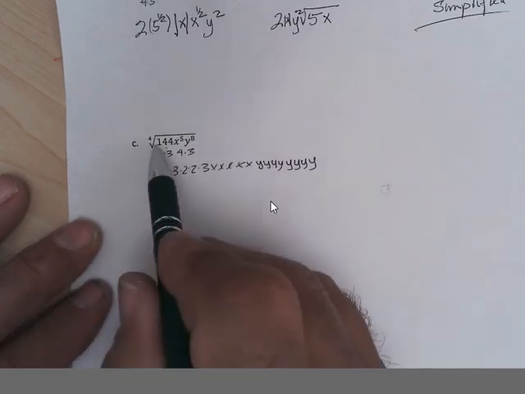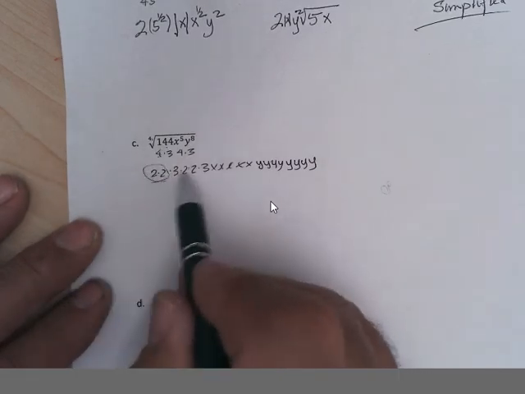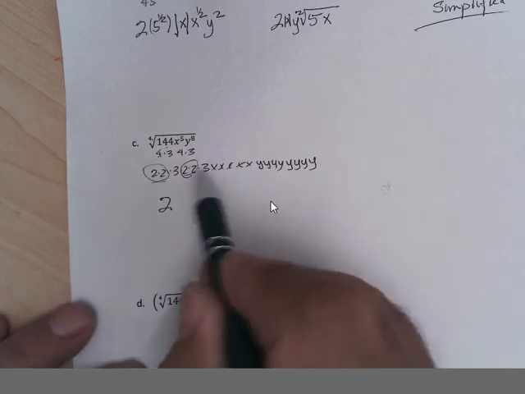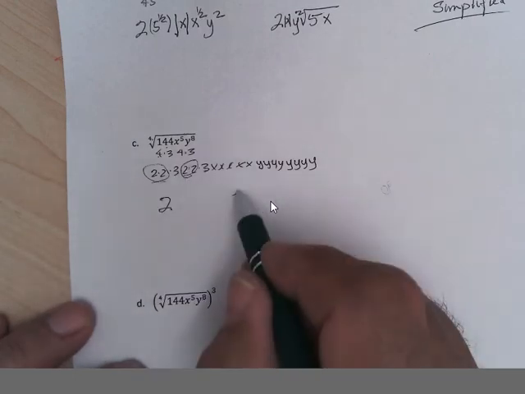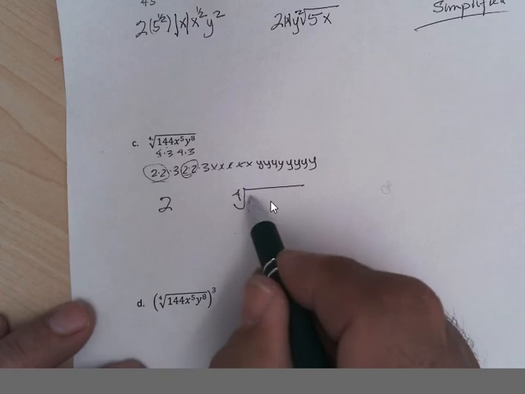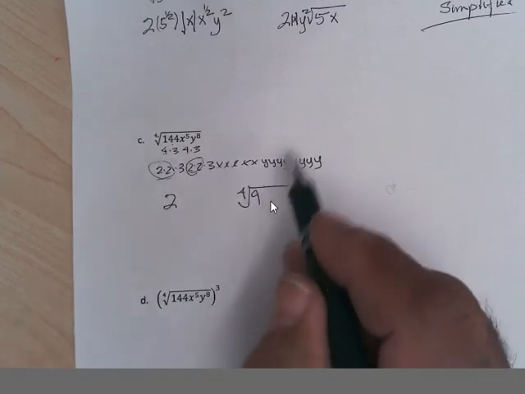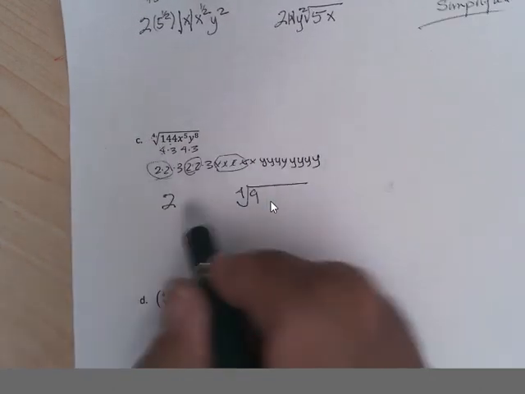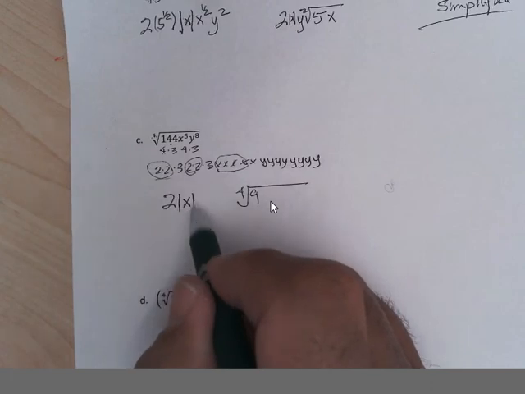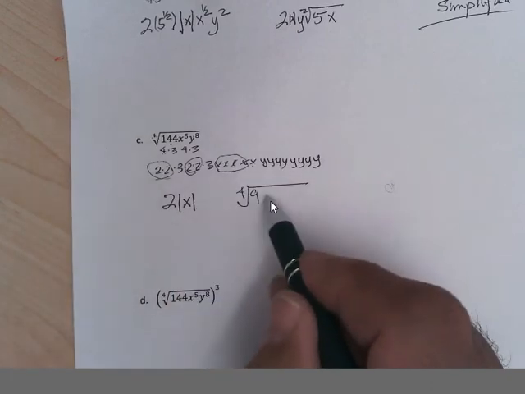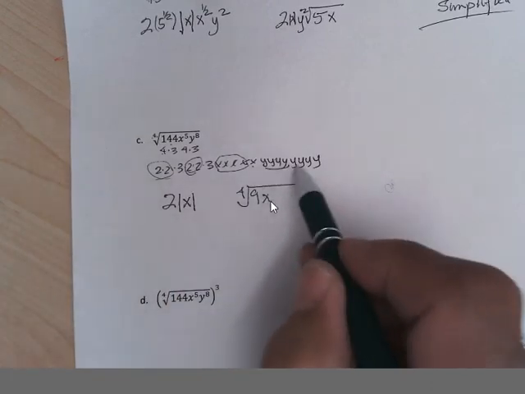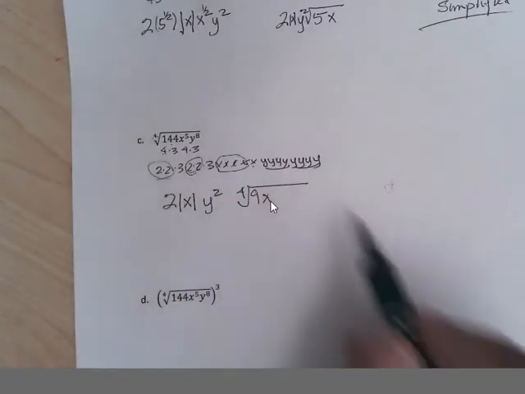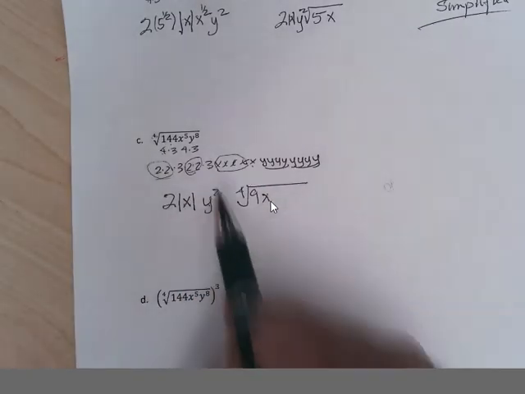So I can take out groups of 4, so there's 4 2's, which is a 2. There's 2 3's left, so that'll stay under the 4th root as a 9, or 3 times 3. There's 4 x's. It's an even root, so it'll be absolute value of x. There'll be 1 left, and 2 groups of 4 y's, so that becomes y squared on the outside. Don't need absolute value because it's squared.